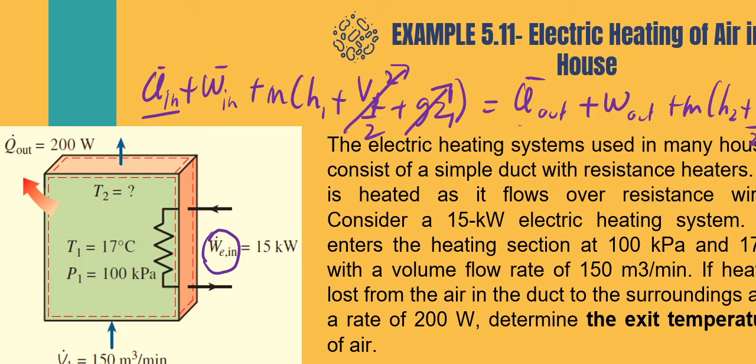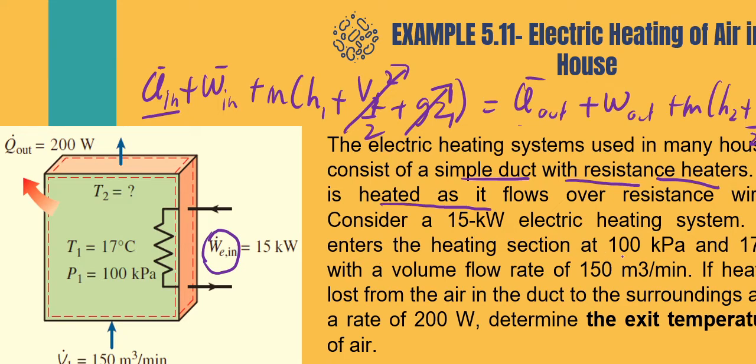This is example 5.11. The electric heater system used in many houses consists of a simple duct with a resistance heater. Air is heated as it flows. So you have the Q term, and then consider a 15 kW electric heating system.